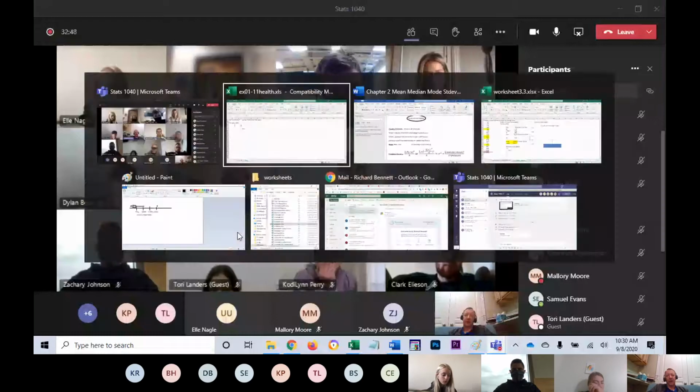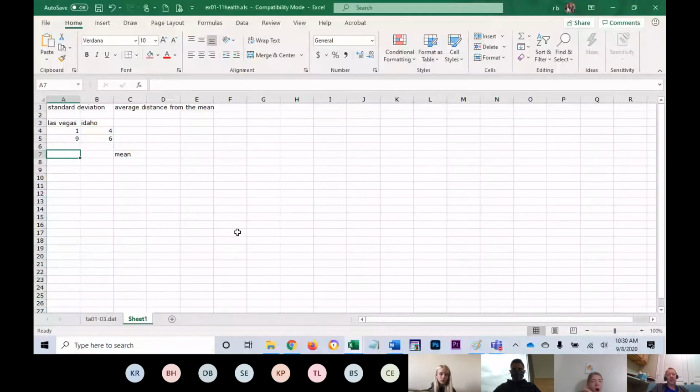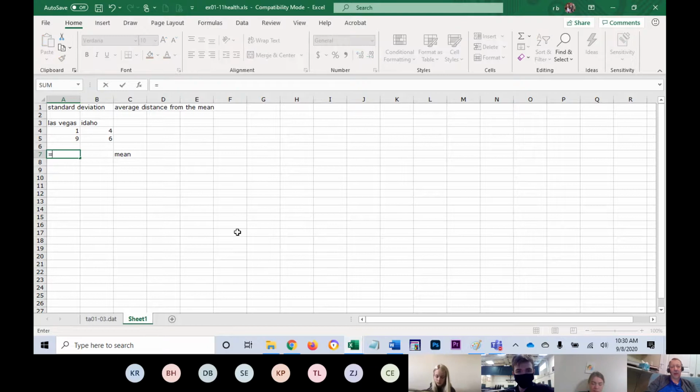So, Brian, can you tell me what is the mean size of a potato in Las Vegas? Say it again. Mean size of potato in Las Vegas would be 4.5. How did you get 4.5? I found the middle of 1 and 9.